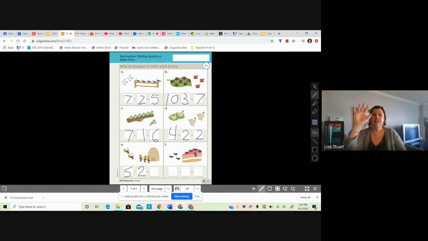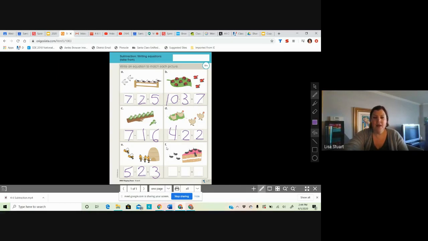All right, I start with 5 and 2 went away. How many are left? Let's count the bumblebees that are left. 1, 2, 3. I'm going to write 3, and that makes my equation sound like 5 minus 2 equals 3.